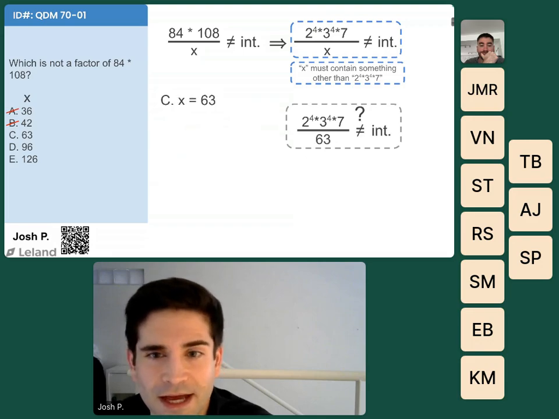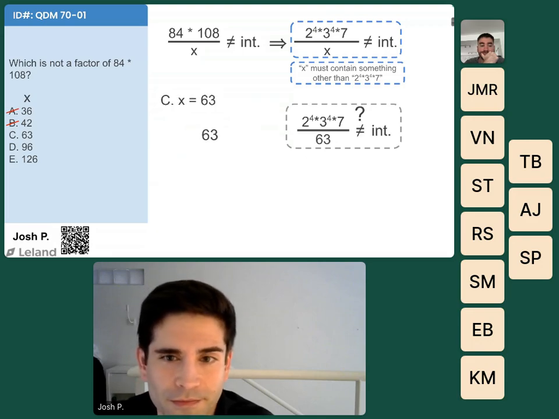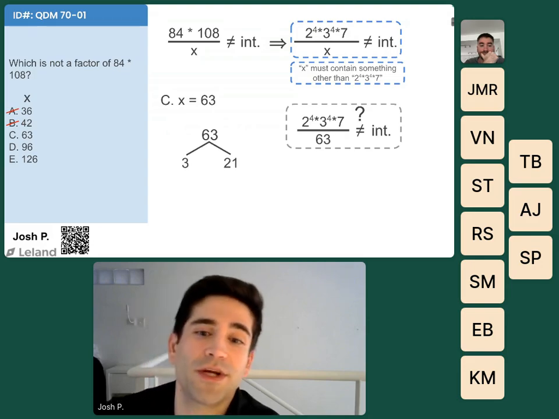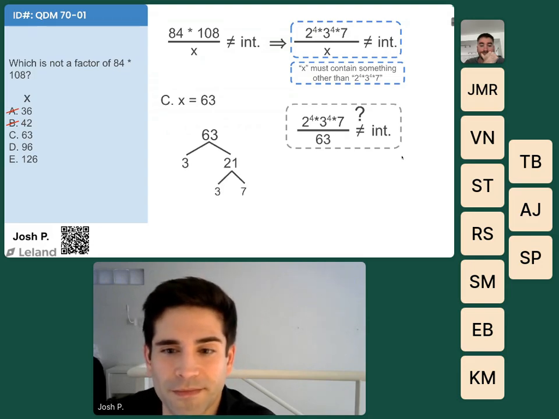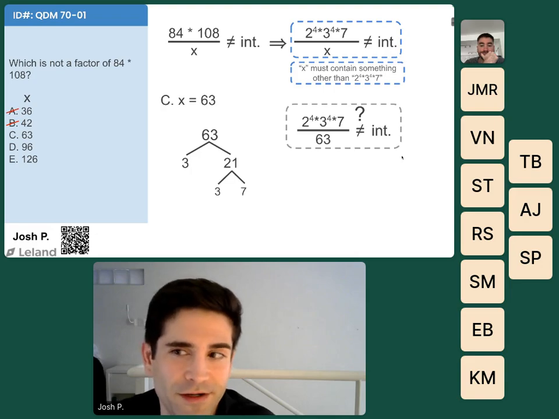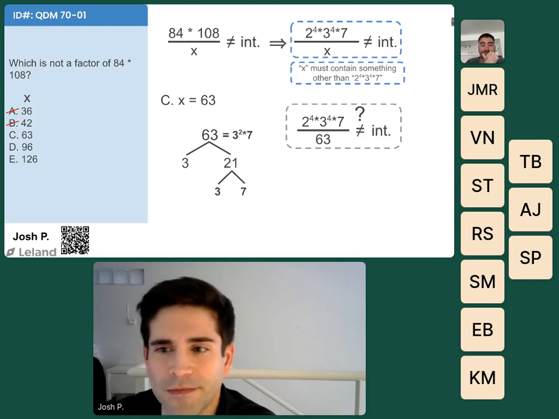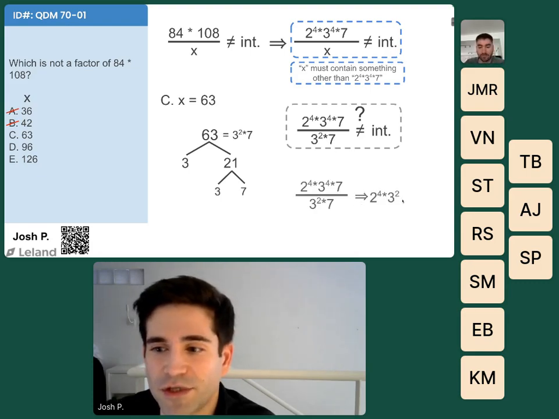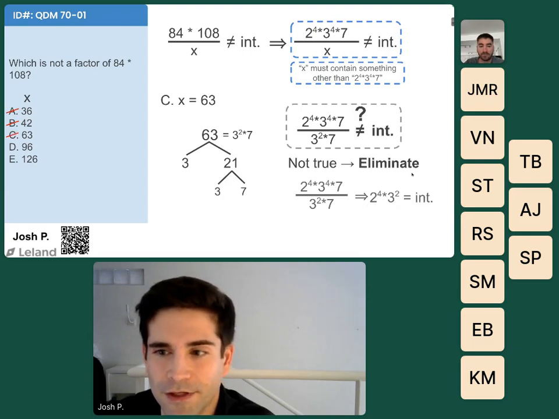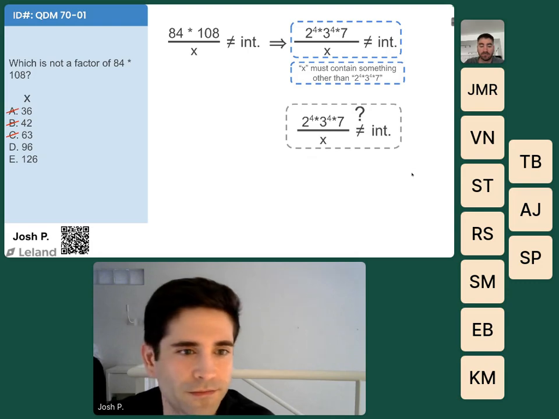C, x equals 63. 63 is 3 times 21, and 21 is 3 times 7. So 63 gives us 3 squared times 7. We input this into the fraction, and this gives us, once again, an integer. We have 2 to the 4th times 3 squared. We eliminate this answer choice.